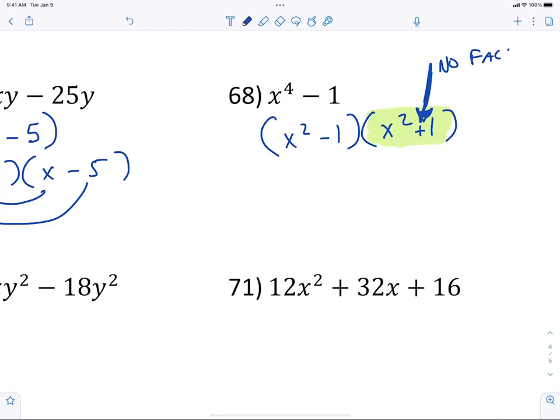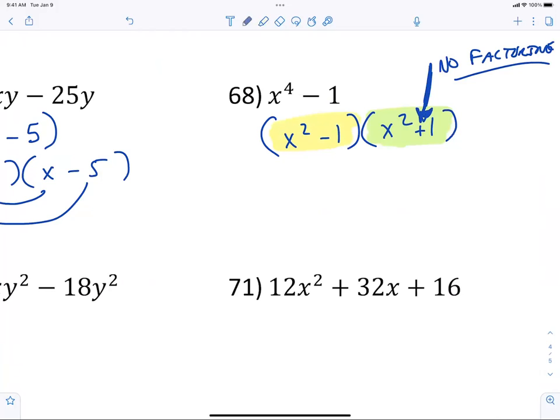In order to factor, the middle term must be a minus. That's correct. So now I'm asking you, can I factor x squared minus 1? Yes, because the middle term is negative.